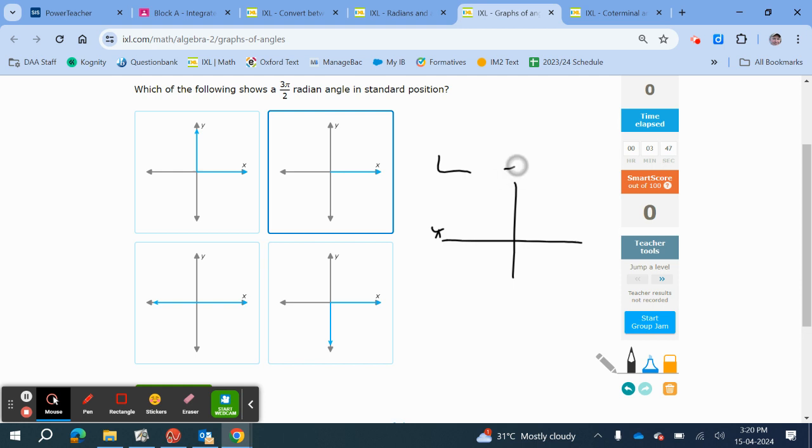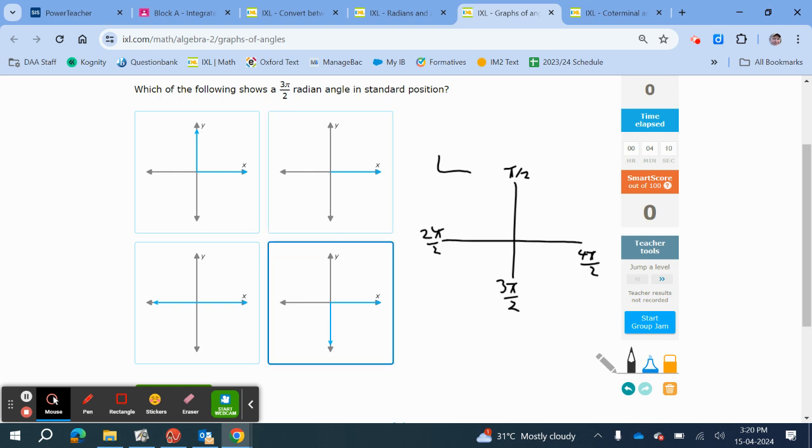So this is a half pi, pi over 2. This is 2 half pies, this is 3 half pies, this is 4 half pies. So this one here would be where the terminal angle is showing 3 pi over 2.